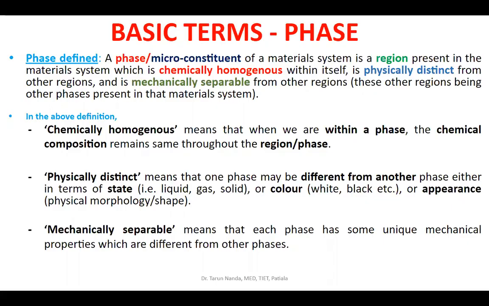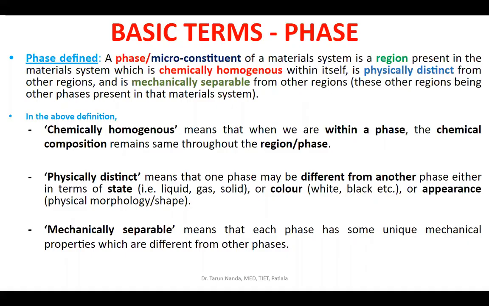And if you move on into the material system and you find another region, why is it another region? Because one or more of the things, either chemical composition or physical state and color or mechanical properties, have changed from what they were in an earlier region. You have landed up in another region in the material system, and that's another phase present in a materials system.